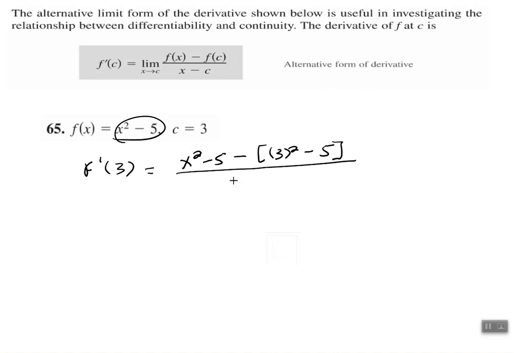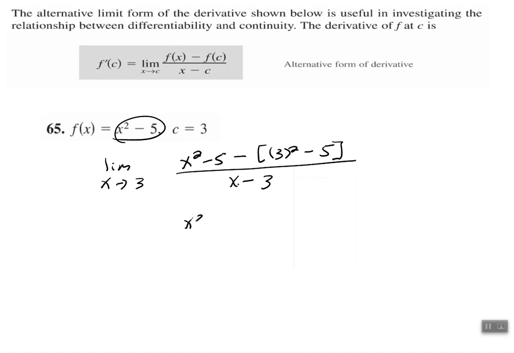So all over x minus 3. Alrighty, and let's keep simplifying that. And this is the limit as x approaches 3.